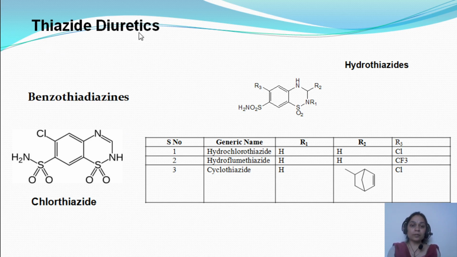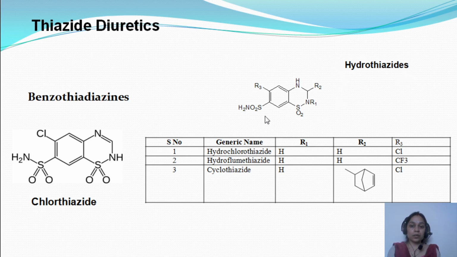Thiazide diuretics. Two categories are there. This is a thiazide diuretic. Drug is chlorothiazide. And second one is hydrothiazide.